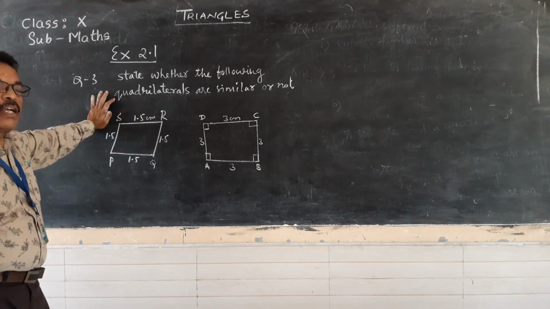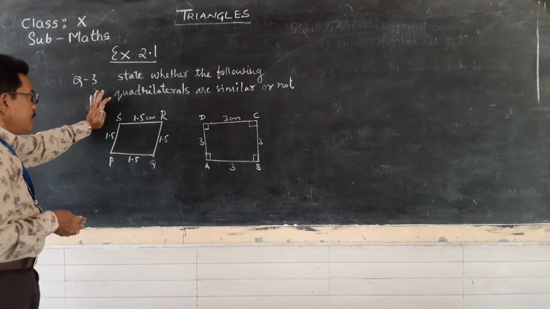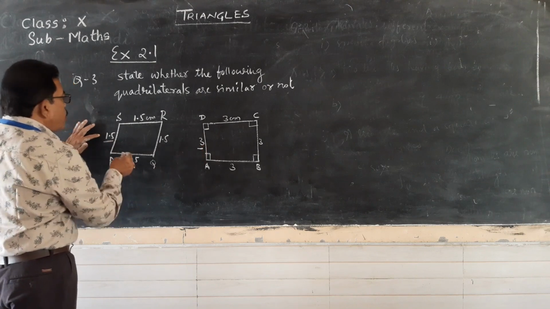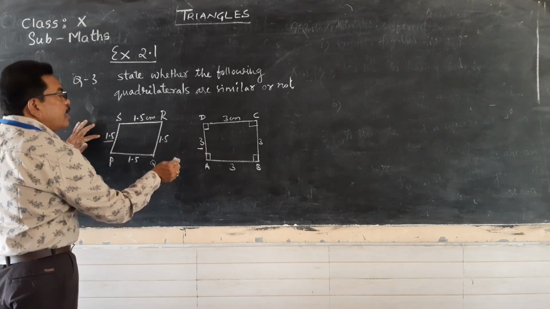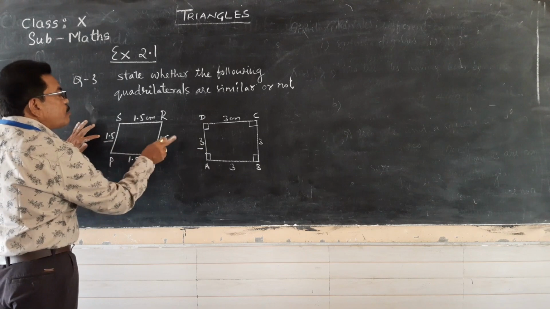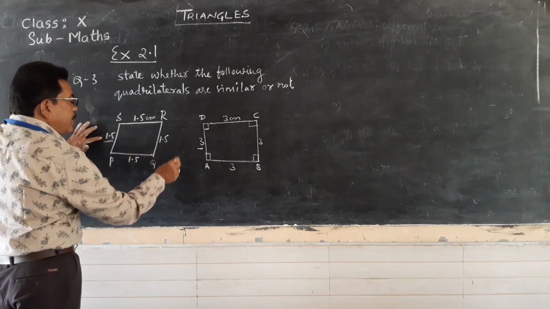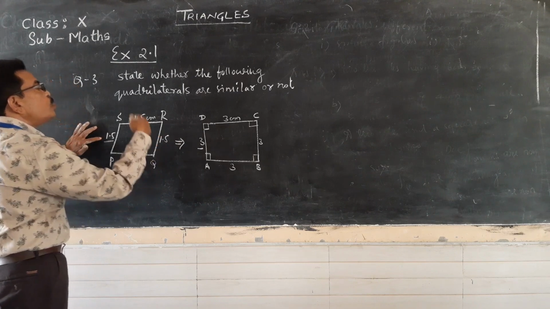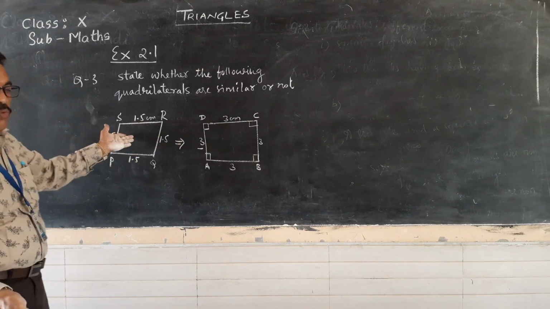Okay, let us check the first side. Here 1.5, and that is 3. The ratio of their corresponding sides is 1.5 to 3. That means this figure is 2 times greater than this one.